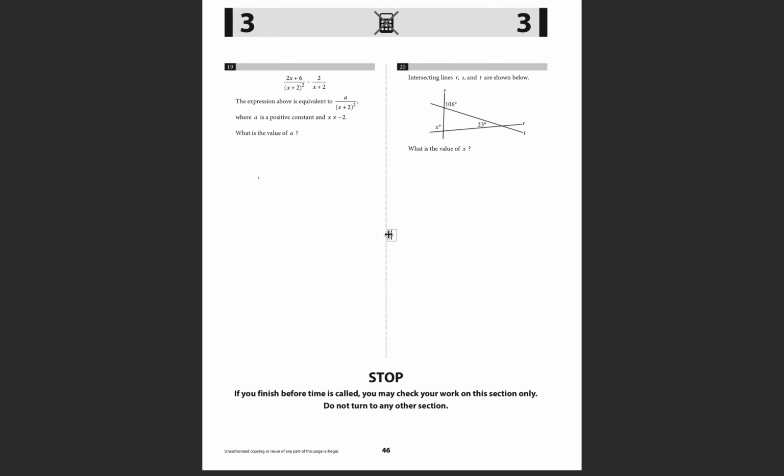So in order to simplify, we just multiply the latter part of the expression by x plus 2 over x plus 2. So it becomes minus 2 times x plus 2 over x plus 2 squared. With this form, it can be subtracted from the first part.